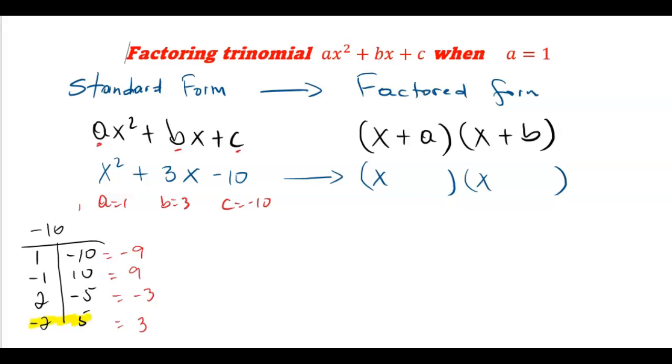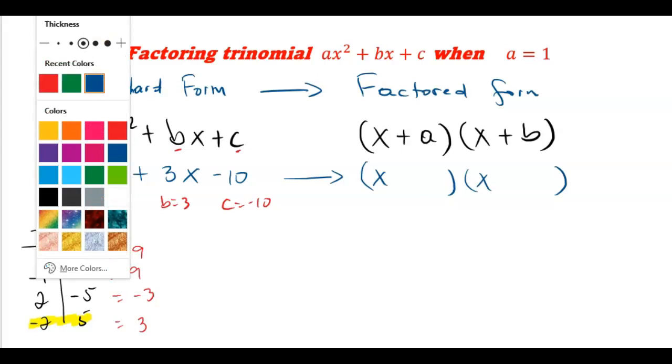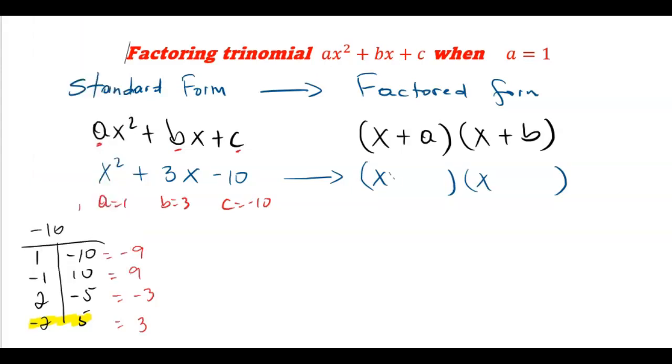So what you do here, we'll go over there and we just put negative 2 here, and then we put plus 5 over here. It doesn't matter if you choose to put x plus 5 first and negative 2 on the other side. It's the same thing.